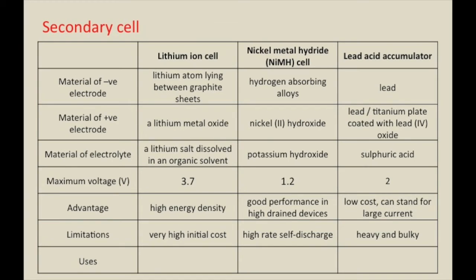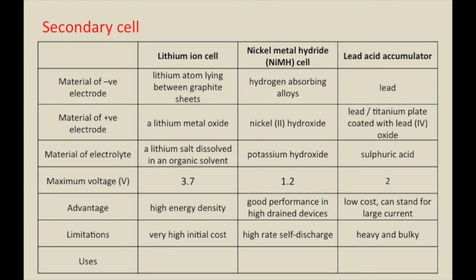That's why you can see the oxidation number for the material in the positive electrode is usually very high. Okay, for the lead acid accumulator, the electrolyte is sulfuric acid, and their maximum voltage is only 2 volt.